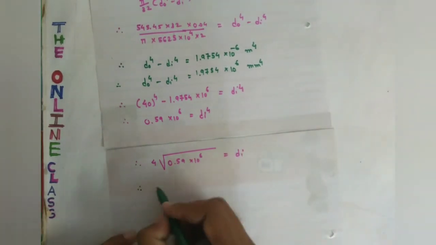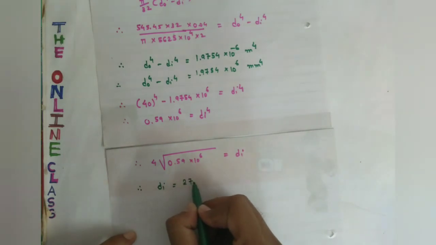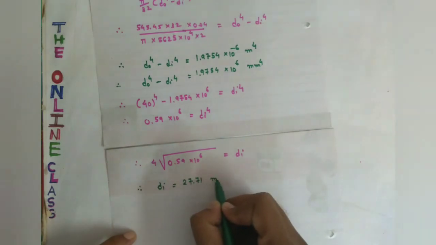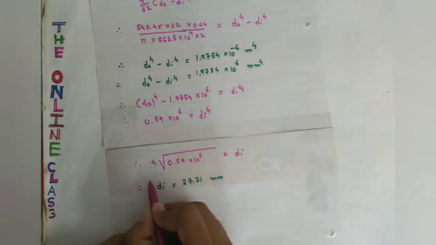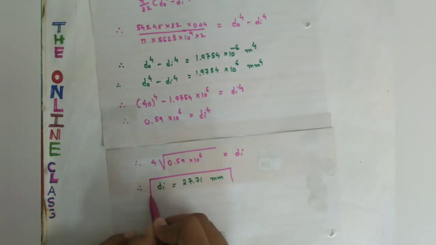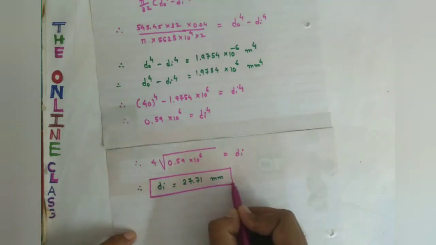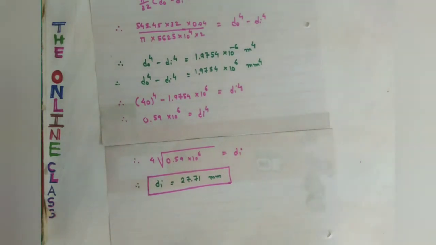Then we have DI is equal to 27.71 mm. So we have the internal diameter as 27.71 mm for the propeller shaft.